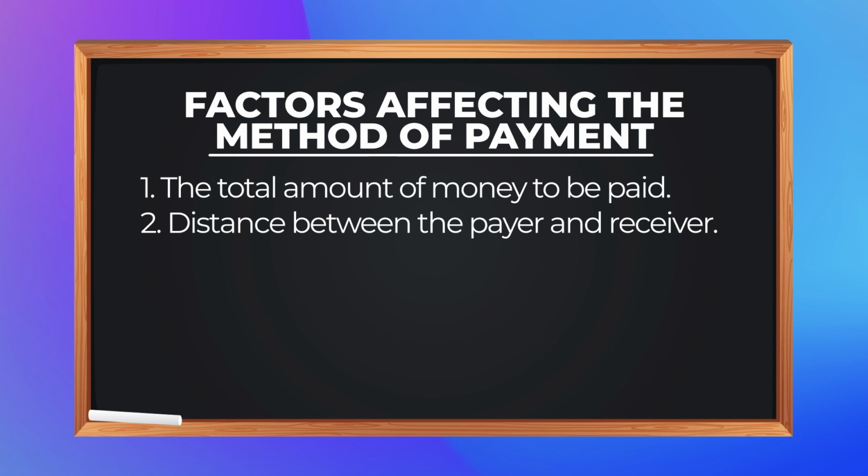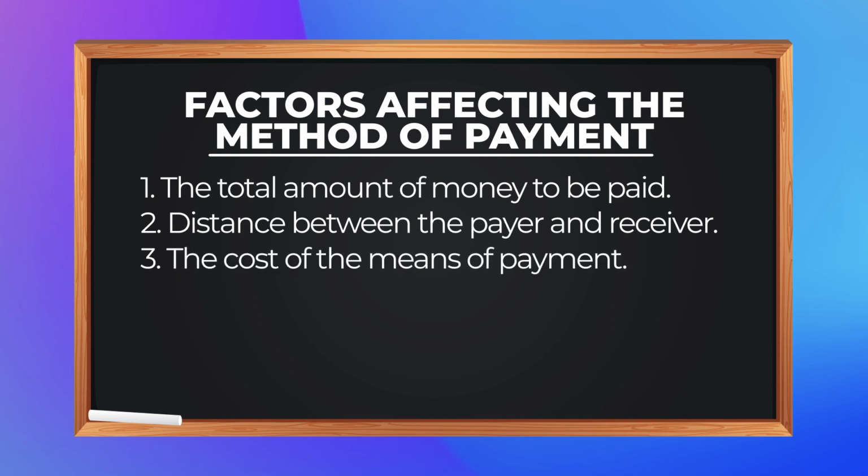Another factor that determines the choice of your means of payment is the cost of the means. Different means of payment come with a cost. I'm sure you know that when you're doing a bank transfer, you get some charges. In the same way, if you are sending probably a postal order or a money order, there are charges attached to it.